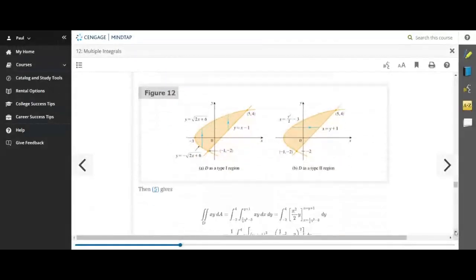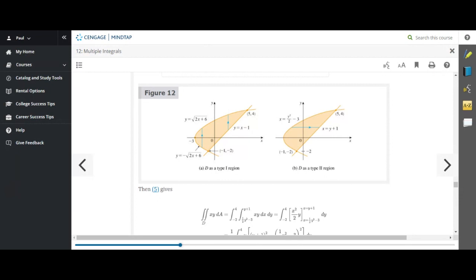So now here in figure 12 is, for this problem, example 3 from section 12.3, the region, and they're showing you two pictures. The picture on the left, they're treating the region as a type 1 region. That's where your limits are. You treat the region as between a function bounded above and a function bounded below.